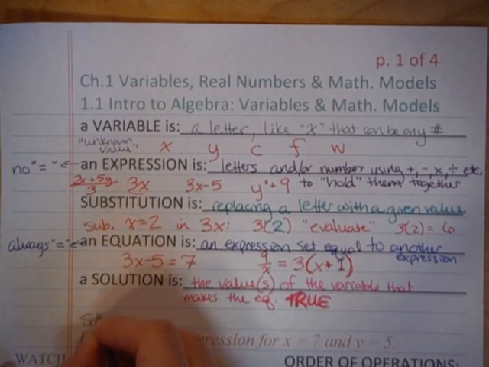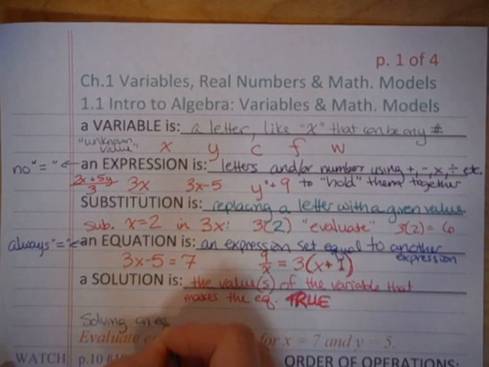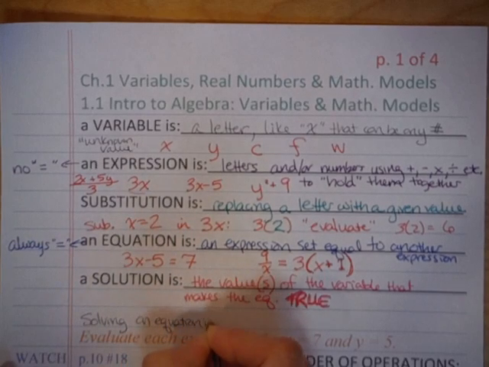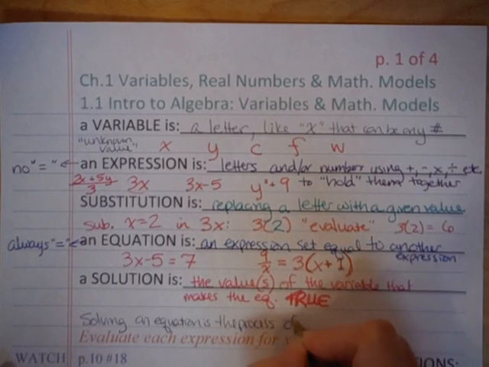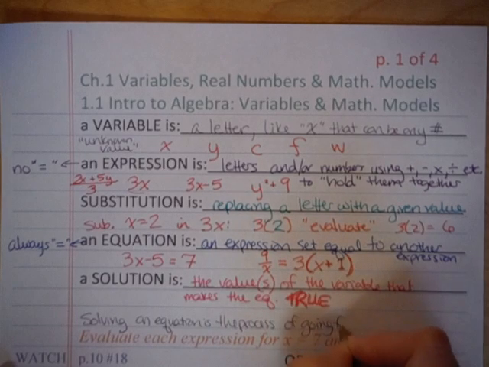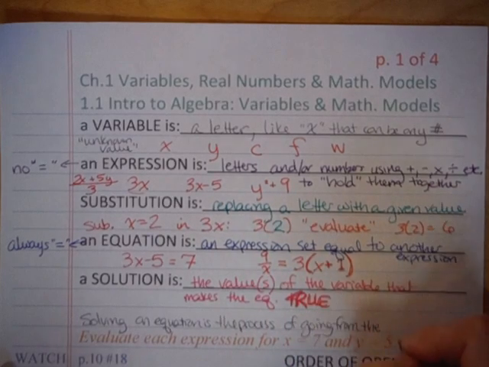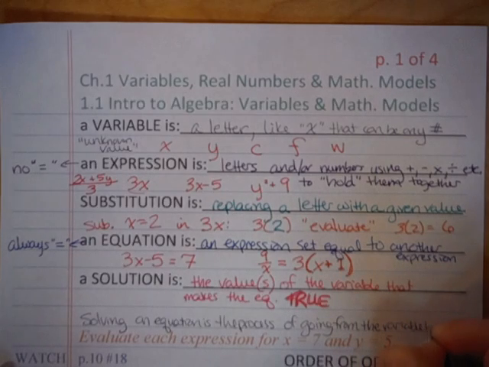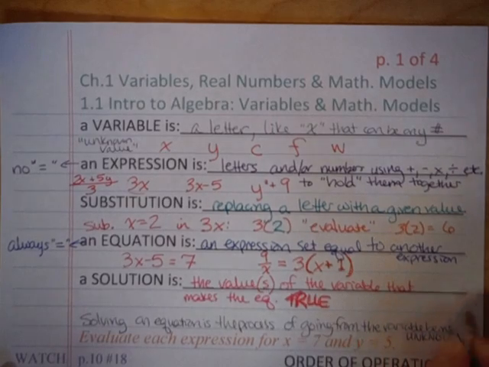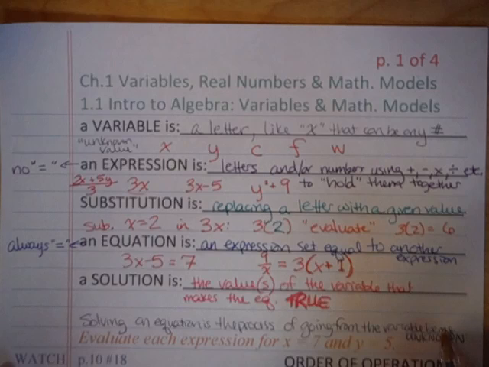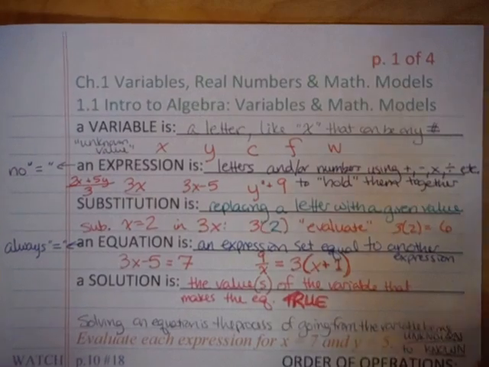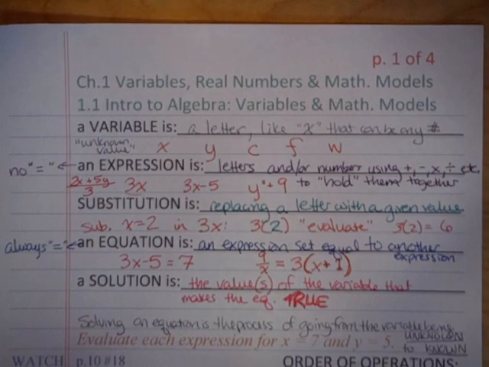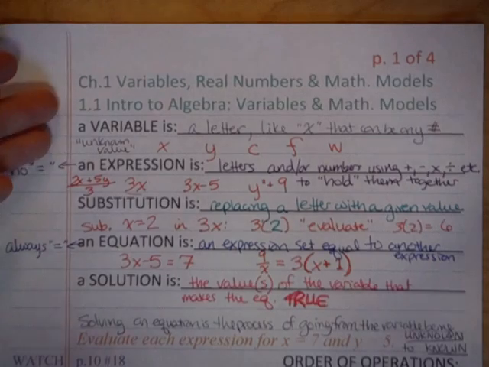So I just want to note that here, solving an equation is the process of going from the variable being unknown to known. That's what solving is. You end up with some sort of value for the letter. Instead of the variable or the letter, you now have a number.